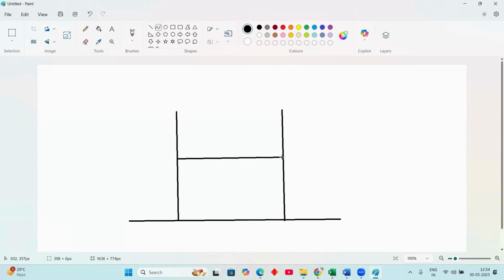I'm drawing it, a little bit bending this. Here we have a graph like this.